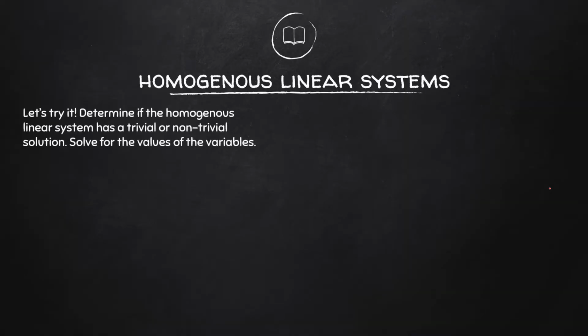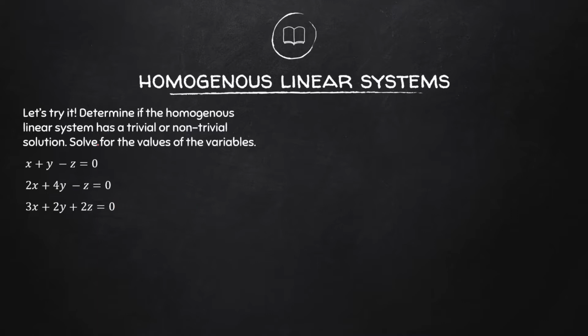So let's have an example. Determine if the homogeneous linear system has a trivial or non-trivial solution. Solve for the values of the variables. So we have here a system of homogeneous linear equations. That is because the constants are all 0 in each equation.